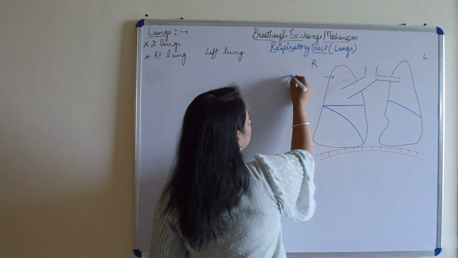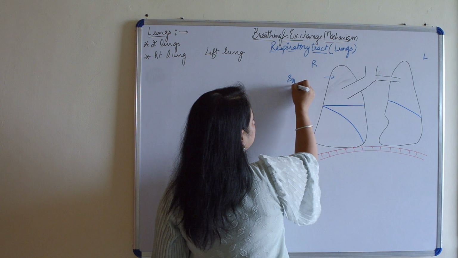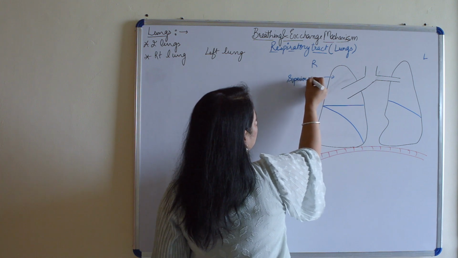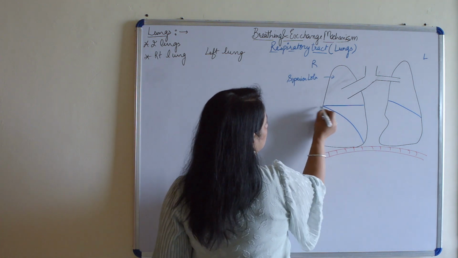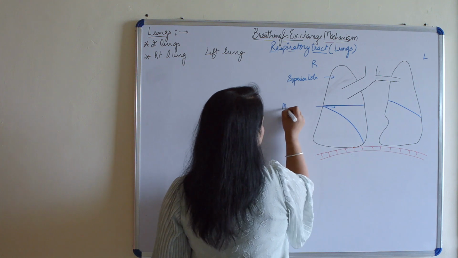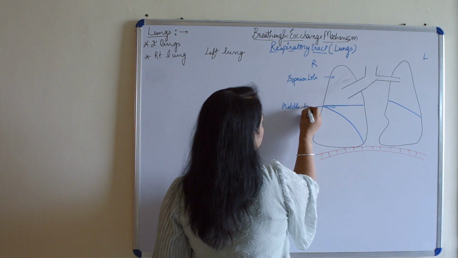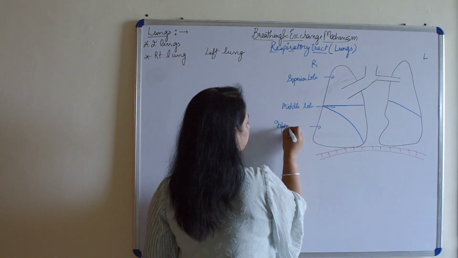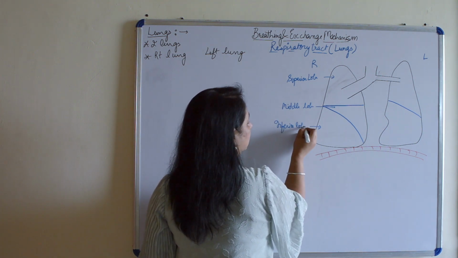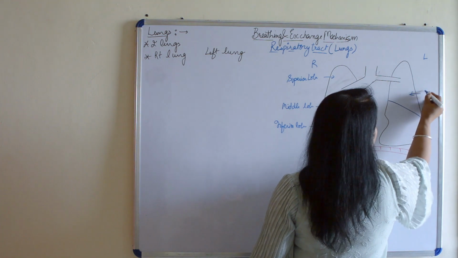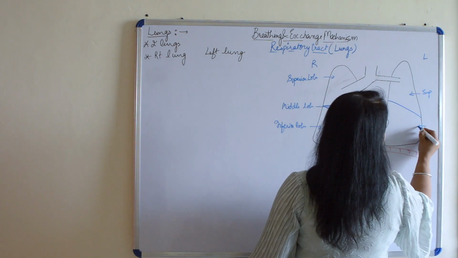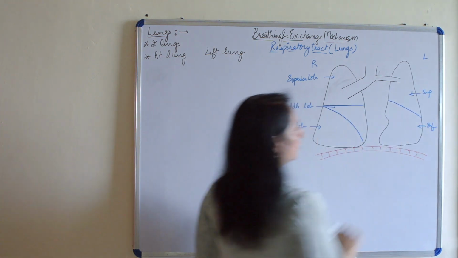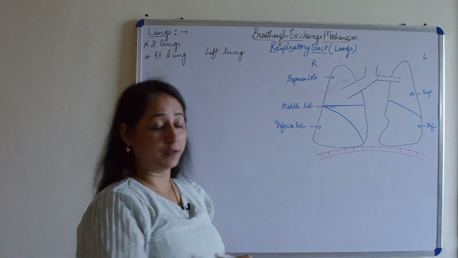This is the superior lobe, middle lobe, and inferior lobe. Whereas we have only two here, so it is superior and inferior lobe. Fine. Three lobes of the right lung.